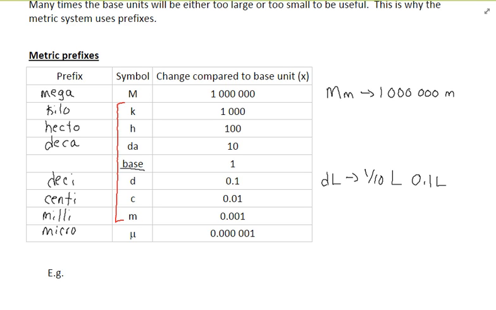There's lots more. If you take a look at the appendices in your textbook, it lists the ones that are in between, and they say there's more above and more below, but that gives you an idea of the prefixes. Again, they have to be used with other units. You can't use the prefixes by themselves. They don't make any sense.